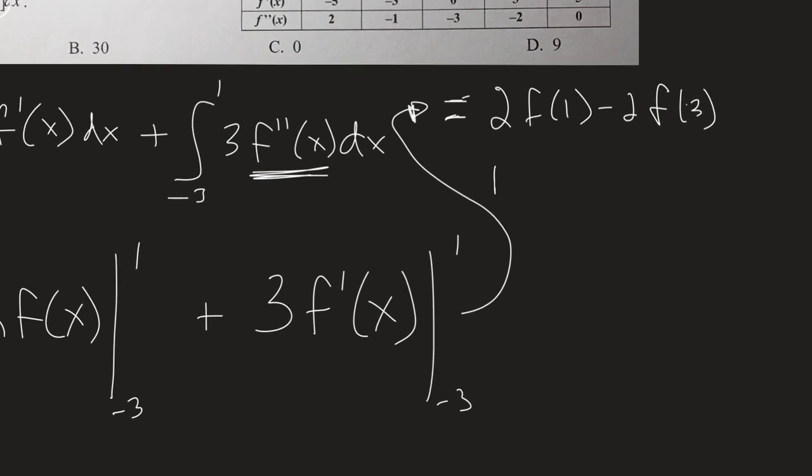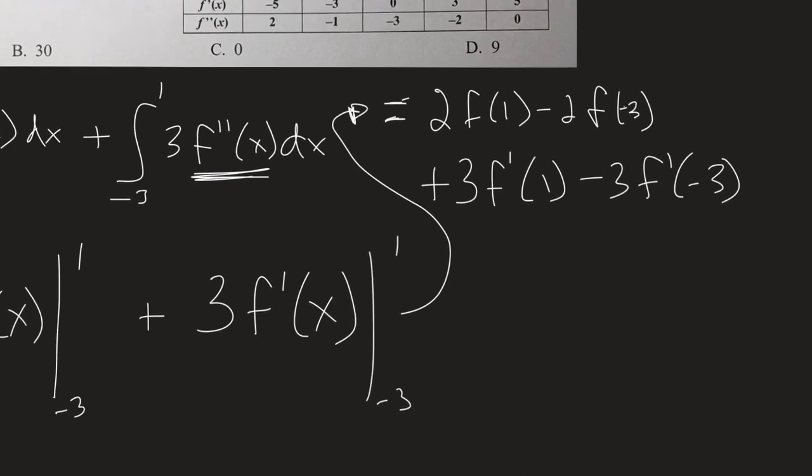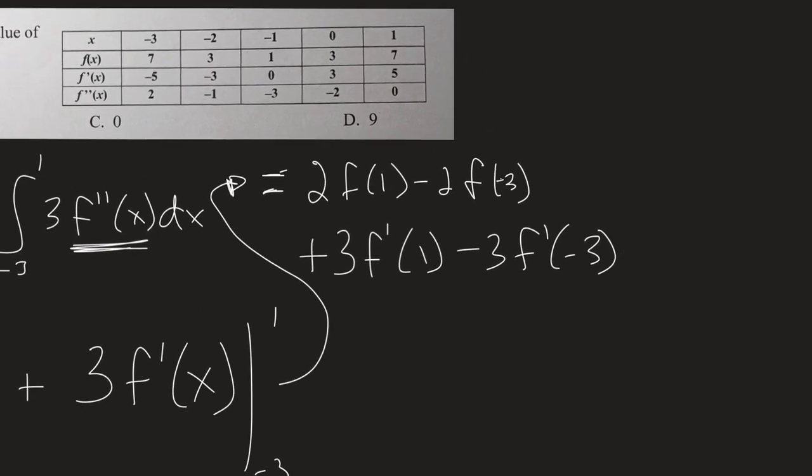And then plus 3f primes at 1 minus 3f primes at -3. Okay, now these values are coming from our table, which is why I wanted us to see the table here.